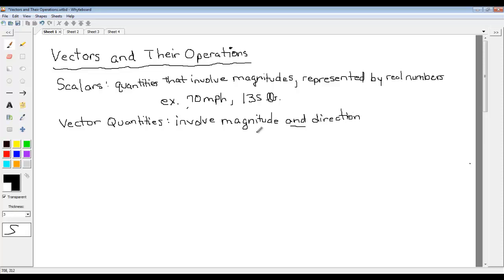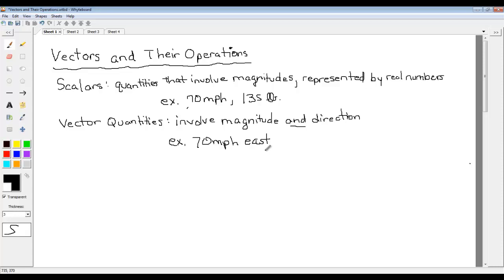So an example of that would be I was going 70 miles per hour east on I-4. Now I've given the magnitude, the 70 miles per hour, and I've given the direction I was traveling, east. So we're going to look at all these different parts of vectors, definitions, and operations today.